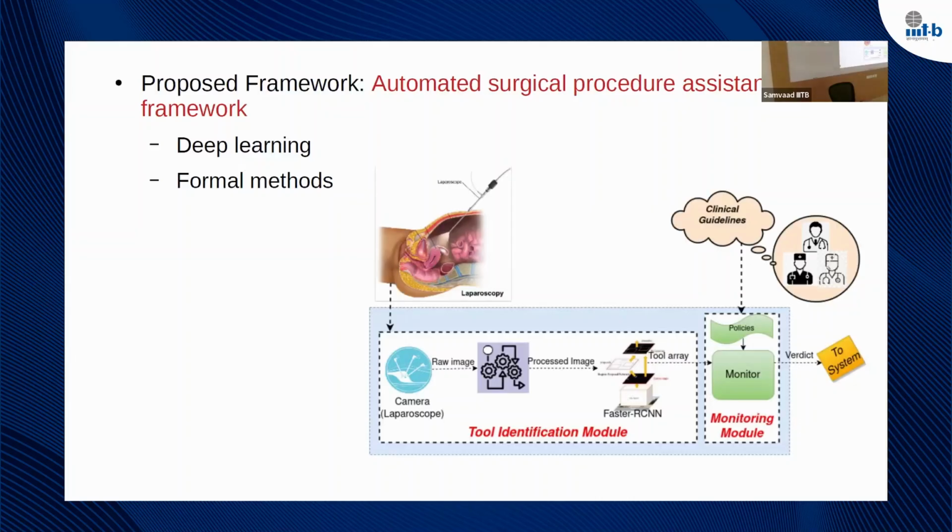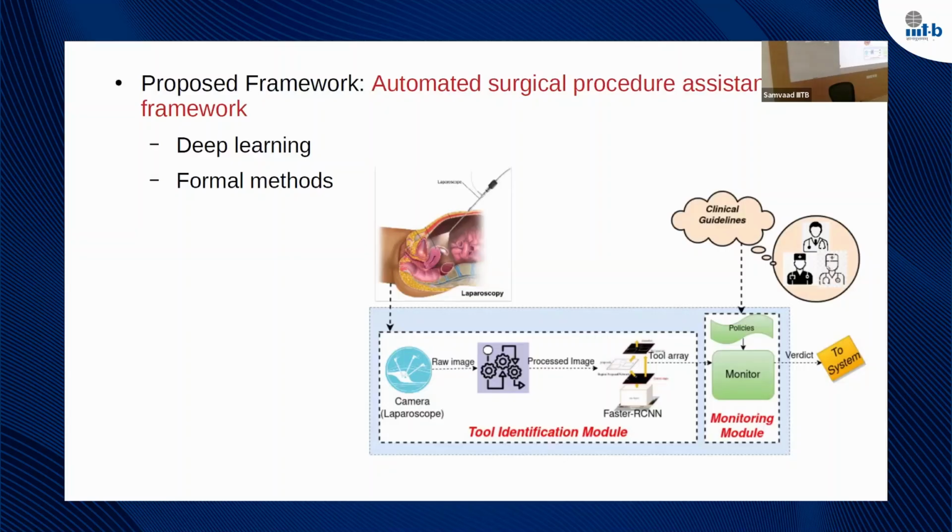This is one of the works I did in my PhD. We call it the automated surgical procedure assistance framework. What we did here is that, first of all, we contacted some expert surgeons and jotted down some clinical guidelines which must be respected during surgeries. Then we wrote those guidelines formally, and synthesized a monitor out of them, which will sit on the entire system, observe if everything is done correctly or not, and give a verdict.